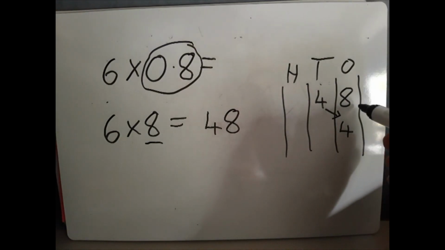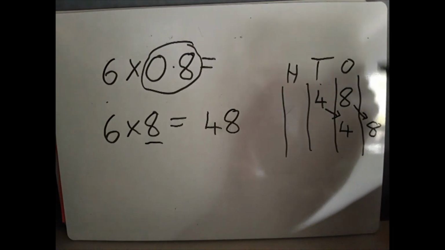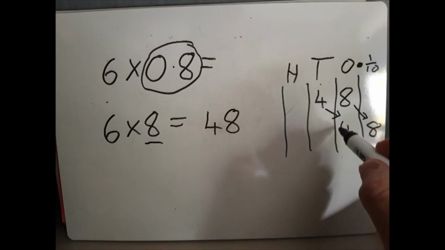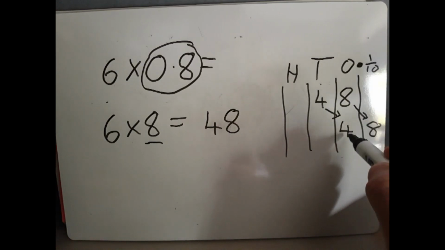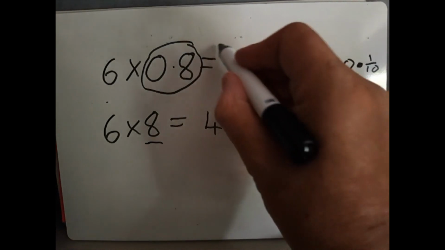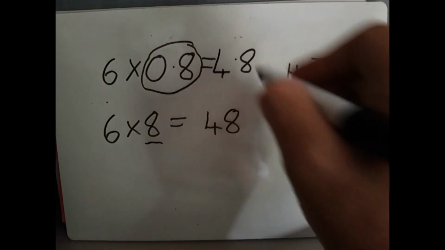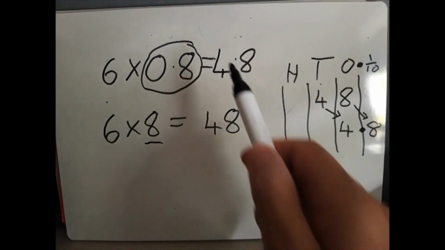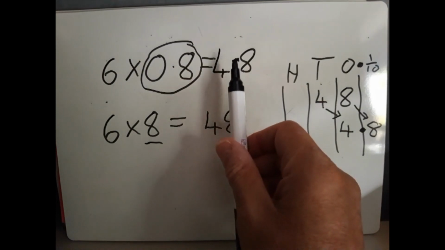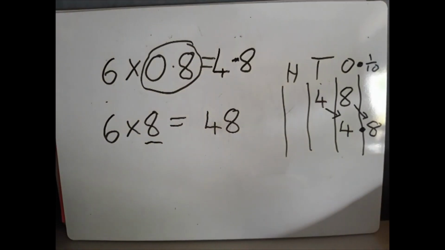My 8 ones are going to move into this next column, and remember, that column is our tenths column. We always have a decimal point in between the ones column and the tenths column. So in between our 4 and our 8 there has to be a decimal point. Our answer is 4.8. The digits are the same, a 4 and an 8, but because of their position they're smaller than the other one, and we need that decimal point.